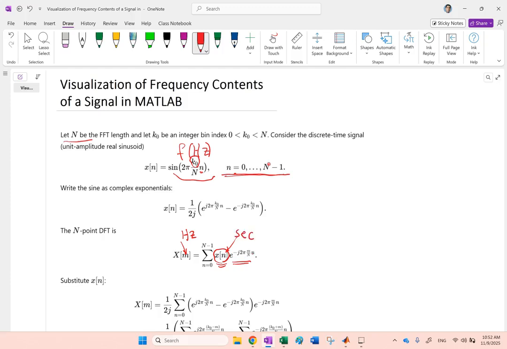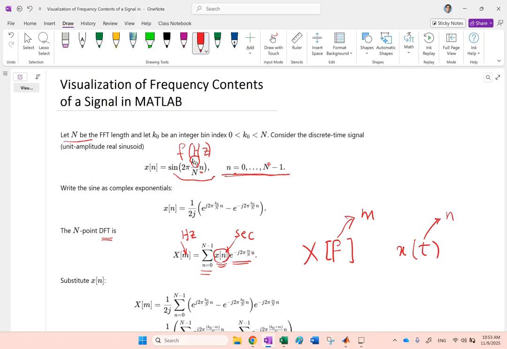In other textbooks, you see that this X is written as a function of f, and the small x is written as a function of time, but that is for continuous signals. Since you have discrete signals here, we are changing them with m and n, just indices. And since the signal is limited, instead of an integral, you have a summation that goes from 0 to N minus 1. And so this is your discrete Fourier transform, or DFT.